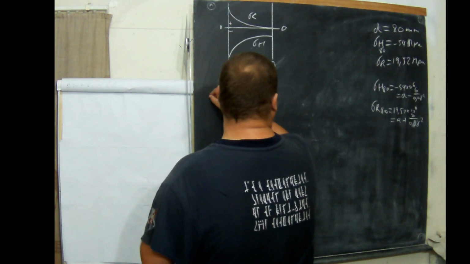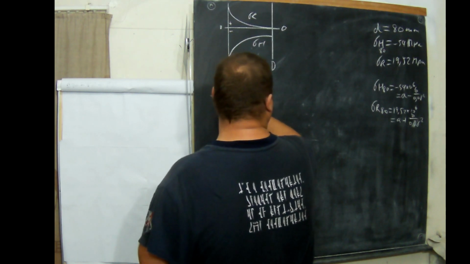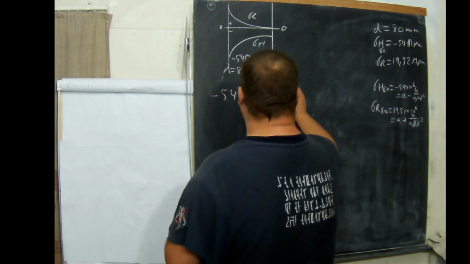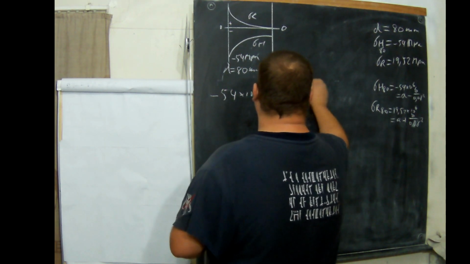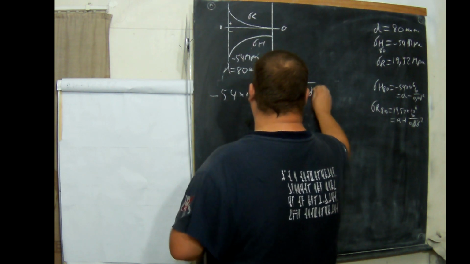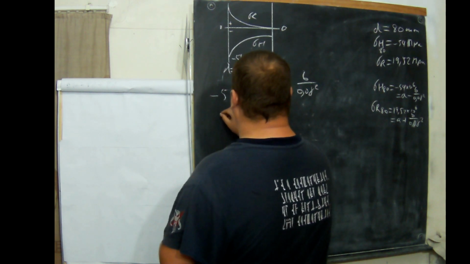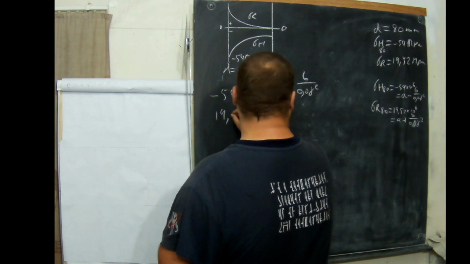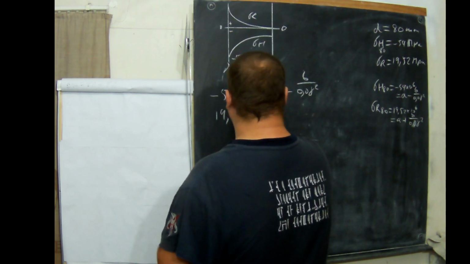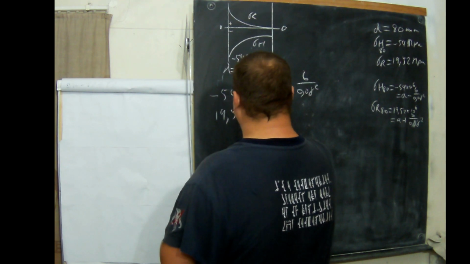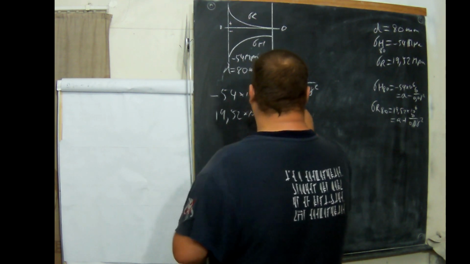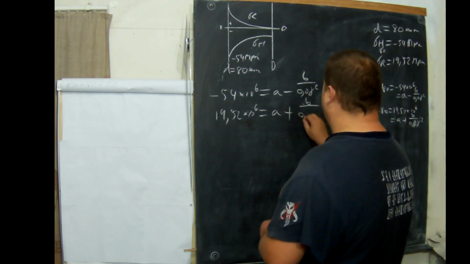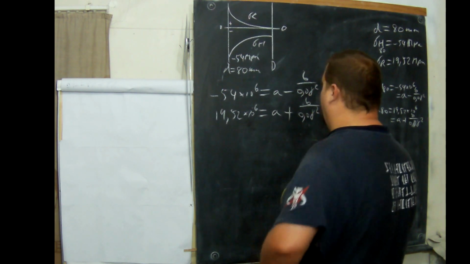So, minus 54 times 10 to the 6 equals A minus B over 0.08 squared. And 19.52 times 10 to the 6 equals A plus B over 0.08 squared.